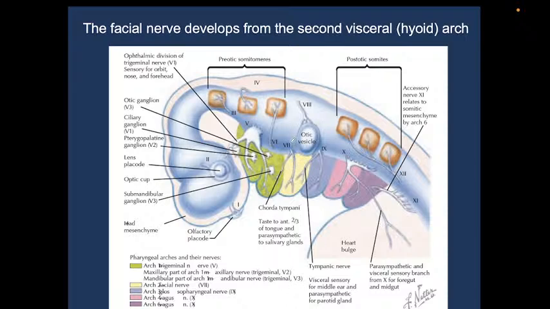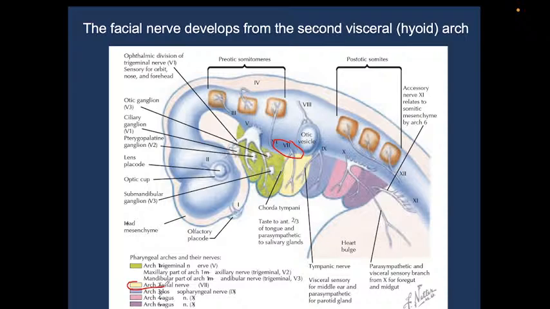You see this cranial nerve, and it is connected with the second visceral arch.